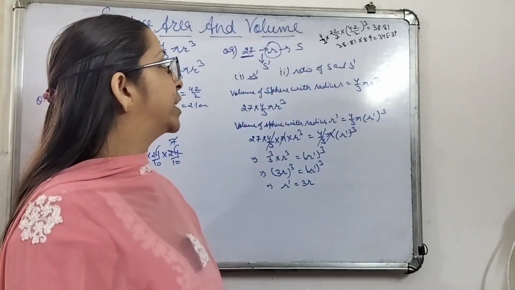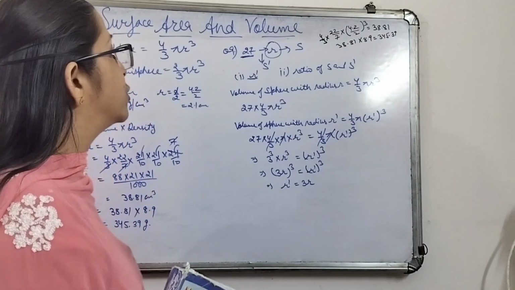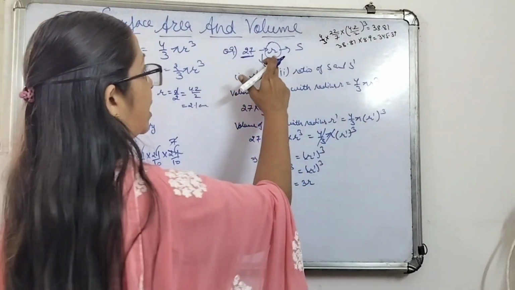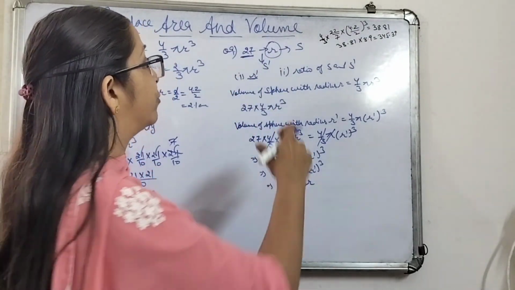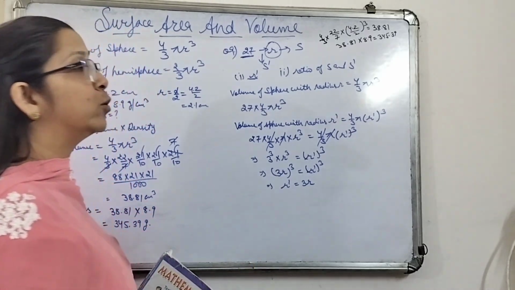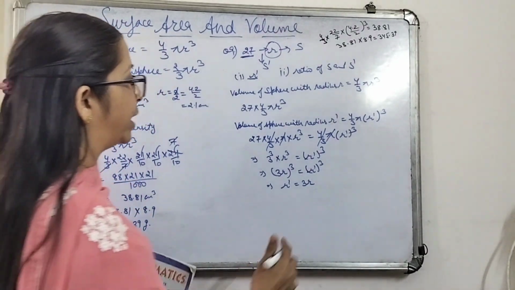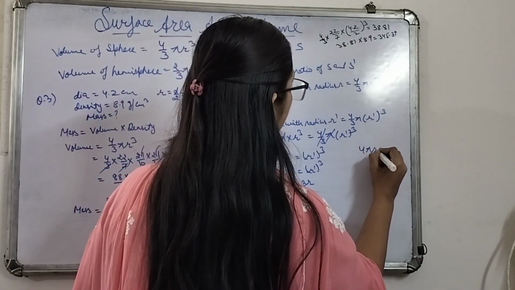Now we have to find the ratio of their surface areas. First of all, for the sphere whose radius was r, we know that the surface area of a sphere is given by 4 pi r square.